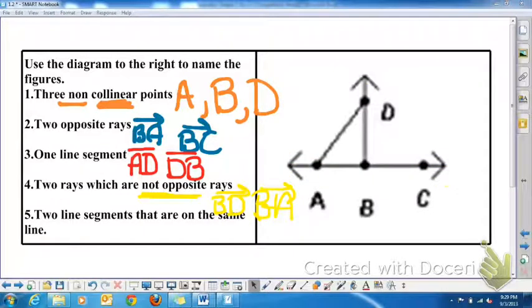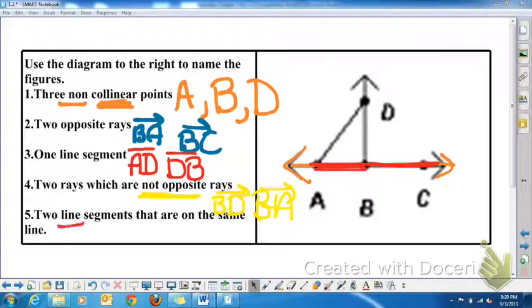And the last one, two line segments that are on the same line. So, a segment is a piece of a line. This is a line, line AB or line AC. So two line segments on that line. You could say segment AB and segment BC.